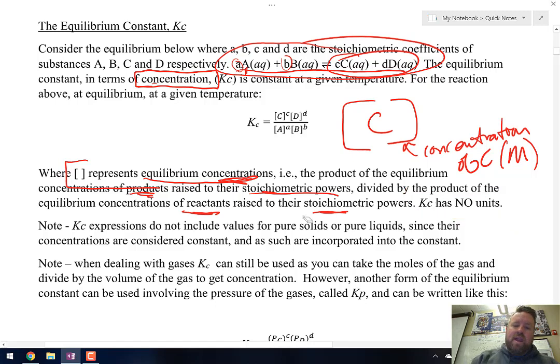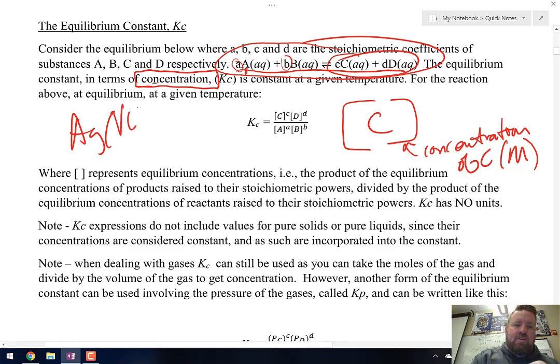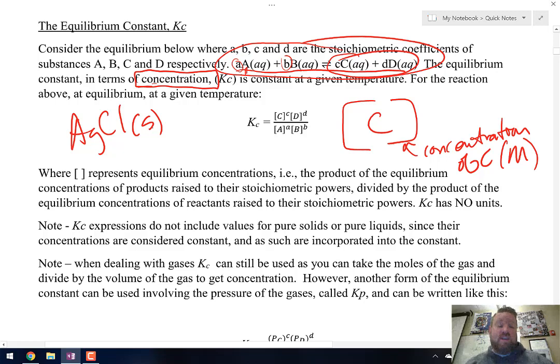Another thing we need to think about is that concentration deals with the moles over the volume. But if you have a pure solid, let's say you have some silver chloride, that's a solid, in a solution, sitting on the bottom.